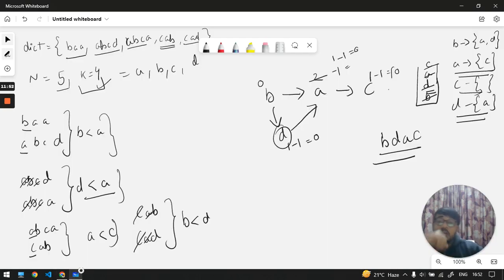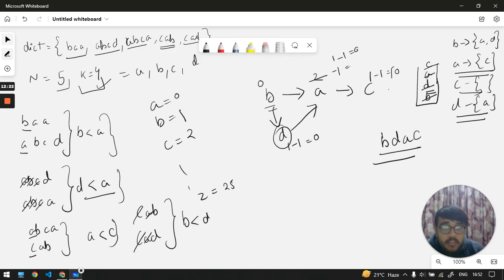Now the code part. There are two ways. Either I can take the graph as it is, making use of the characters, or I can assume A to be 0, B to be 1, C to be 2, and so on, and Z to be 25.